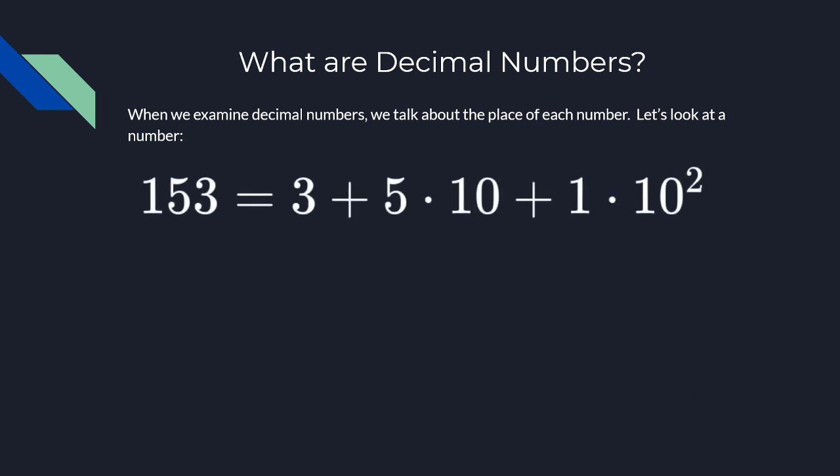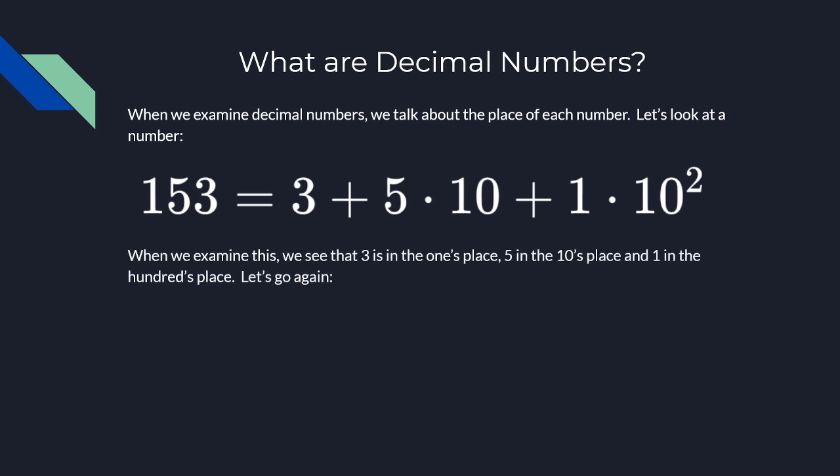So generally, we'll see something like 153 is equal to, you can start at whichever end you like, 3 plus 5 times 10 plus 1 times 10 squared. So the 3 is multiplied by 10 to the 0. You have to remember that 10 to the 0 is 1.